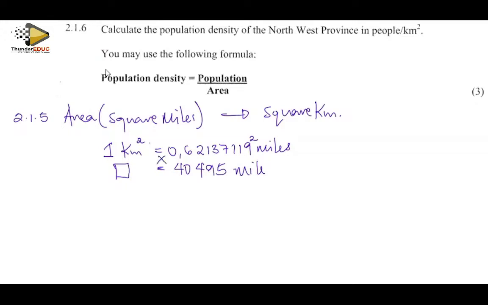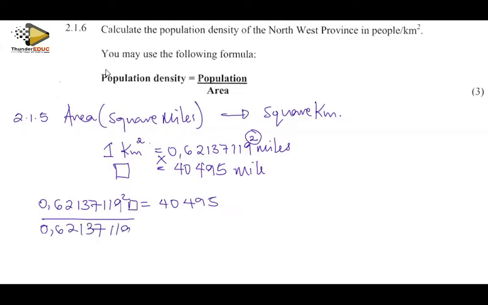We shall cross multiply. Remember, there's a square part here. So it's going to be 0.62137119 squared times the unknown should give me 40,495. These are square miles already. What am I doing? I will divide through by the same number squared, and I'll divide through by the same number.